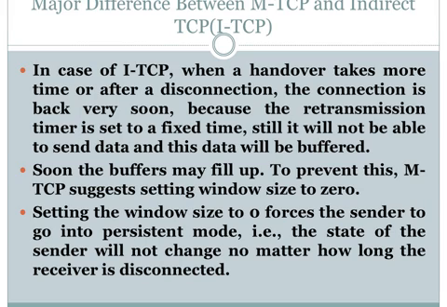The BTS will not buffer data, but it will try to hand over to another BTS. So when you look at mobile TCP, there is no concept of buffering at all, which avoids the problem of congestion, buffer overflow and all these things.